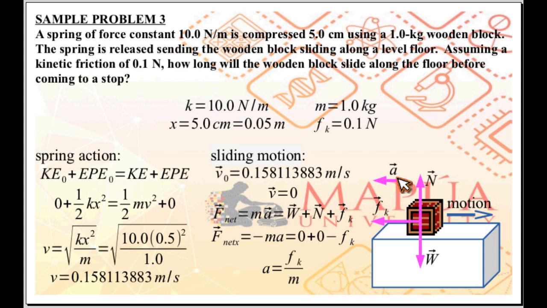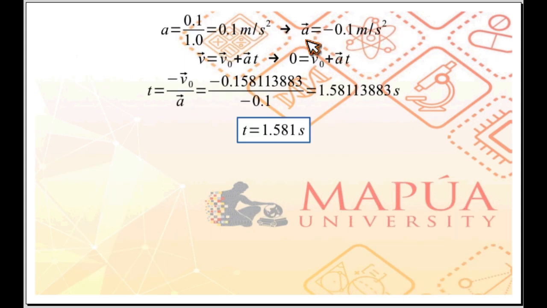The diagram tells us that the acceleration is heading in the negative direction. Therefore, for the acceleration vector a, the negative direction must be added to the magnitude of the acceleration. Therefore, the vector acceleration is equal to negative 0.1 meters per second squared.